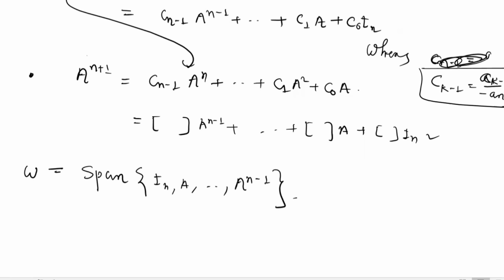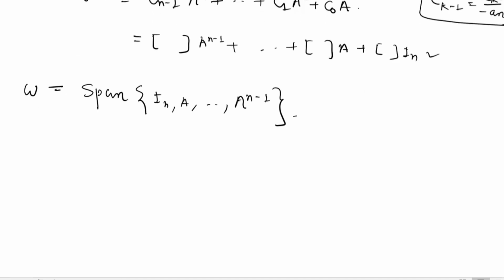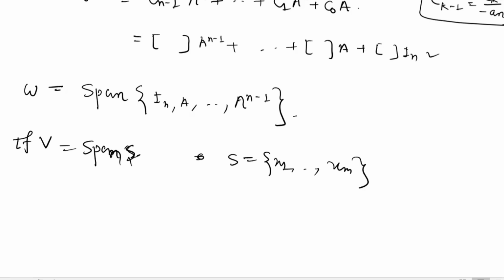And we know that if V is a vector space spanned by a set S, where S equals {x_1, ..., x_m}, then the dimension of V is less than or equal to m.